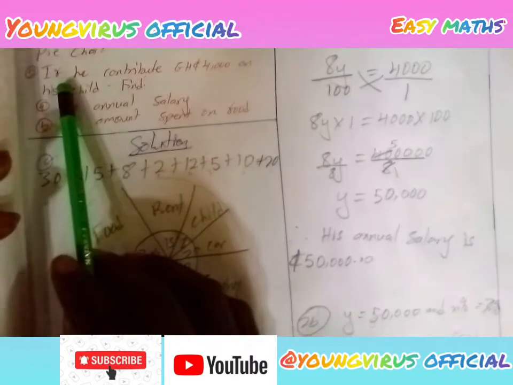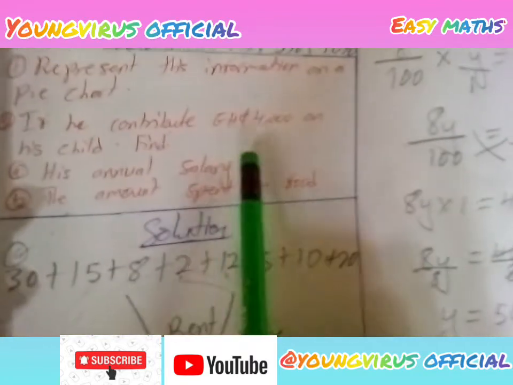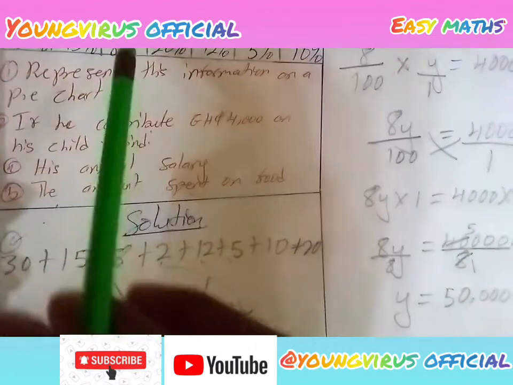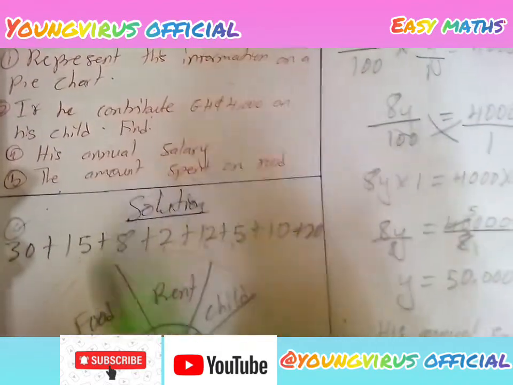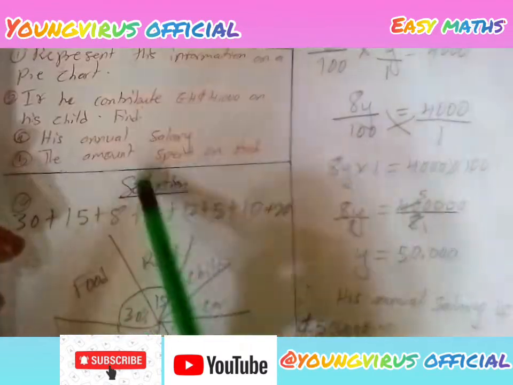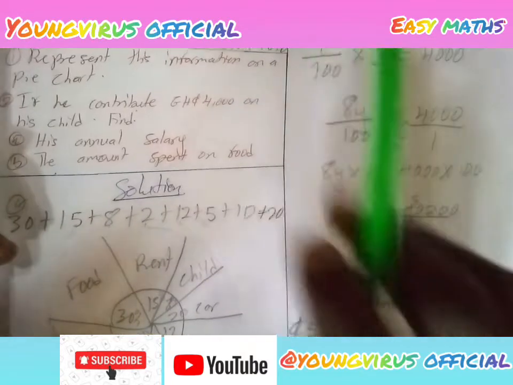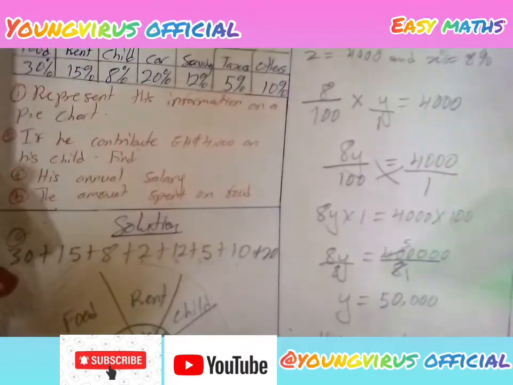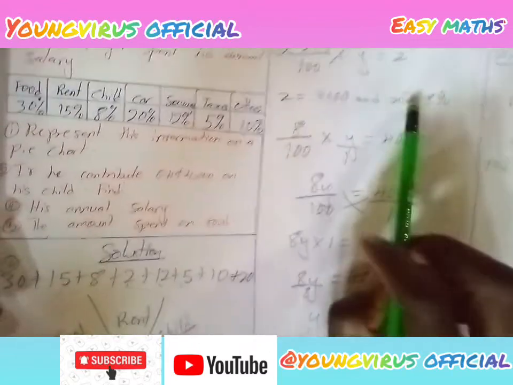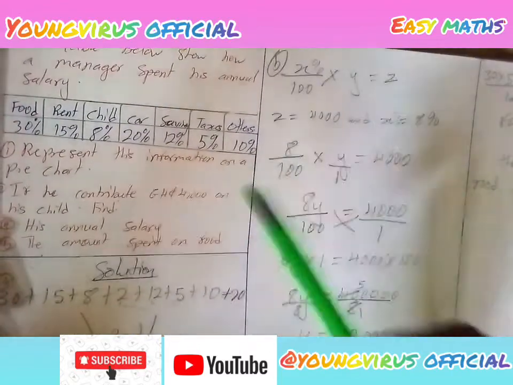Now move to the second question. We've been given the amount the man spent on his child, which is 4,000, but they didn't even tell us the total amount of money. So now here we have to solve for the total amount of money. The amount the person spent on his child is 4,000. This is our x, and they gave us the percentage of money.